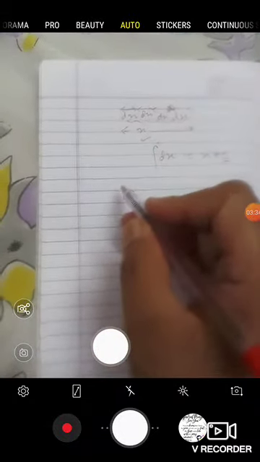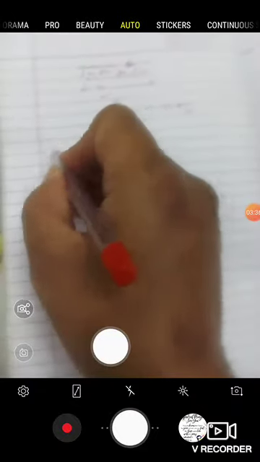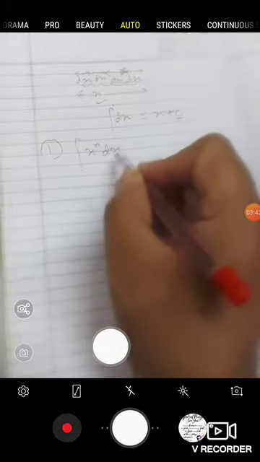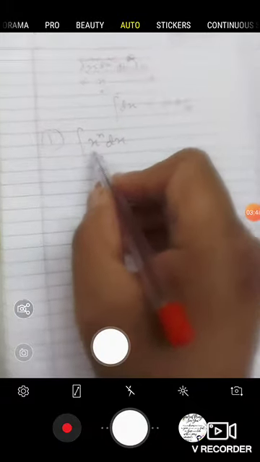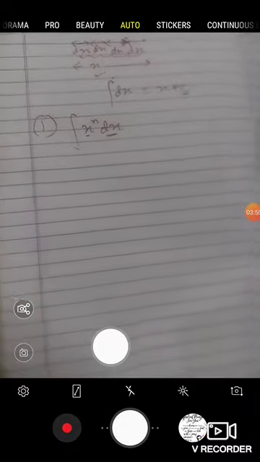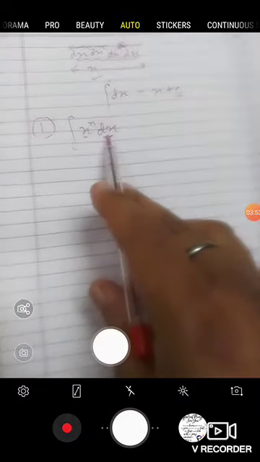Okay, now we will learn a few formulas. The first formula which we are learning is integration of x to the power n into dx. I can integrate this x only because there is a small element dx here. Only then I can integrate. So what is the general formula for this?